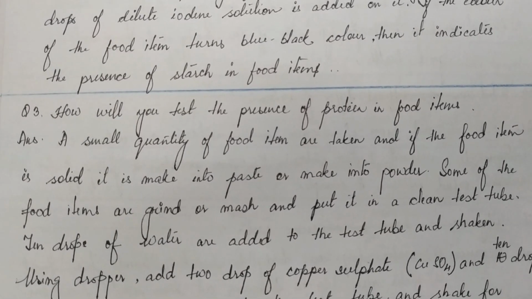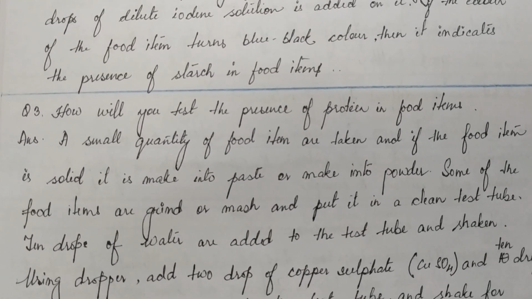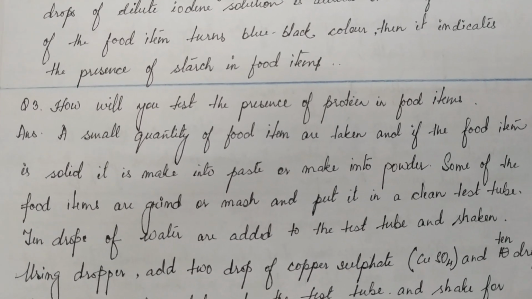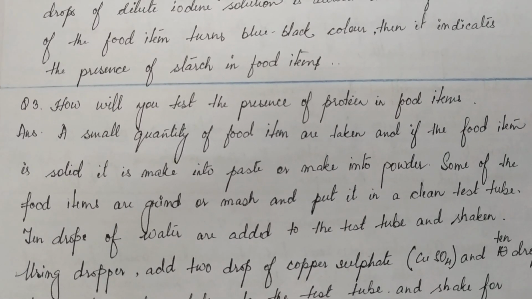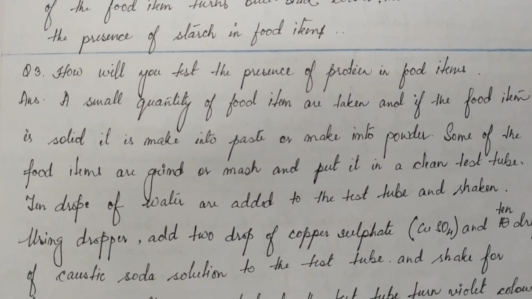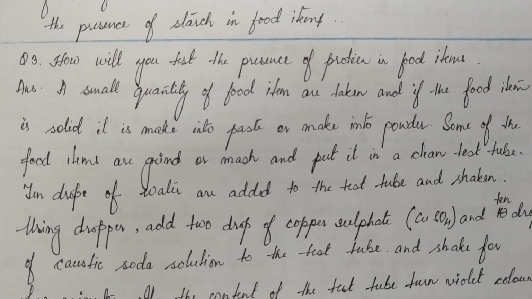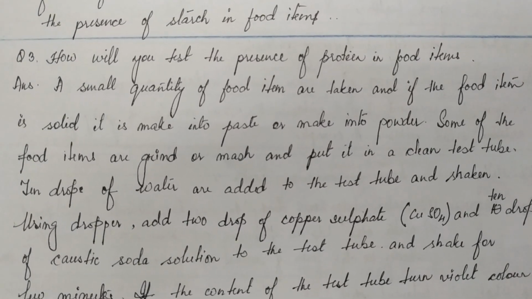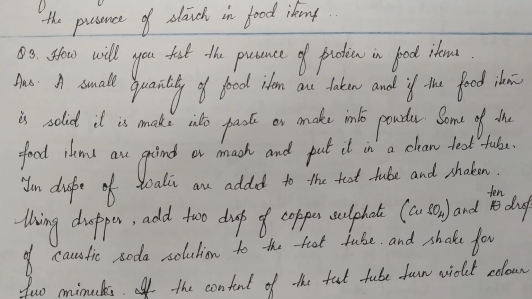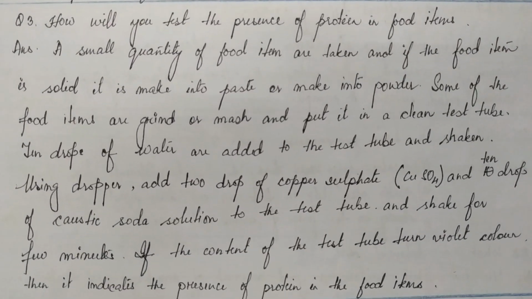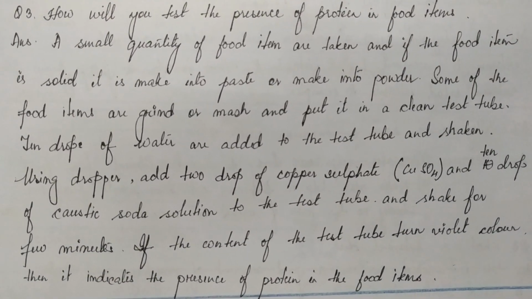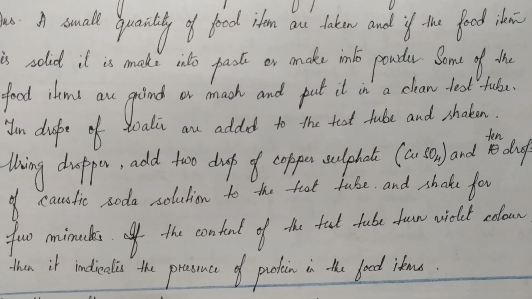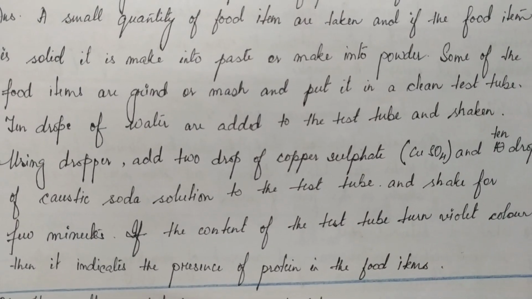Some of the food item is put in a clean test tube. 10 drops of water are added to the test tube, and then, using a dropper, add 2 drops of copper sulfate and 10 drops of caustic soda solution to the test tube and shake for a few minutes. If the content of the test tube turns violet, then it indicates the presence of protein in the food item.